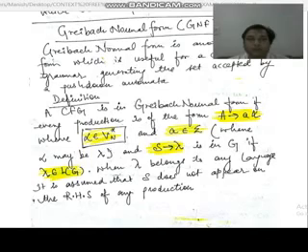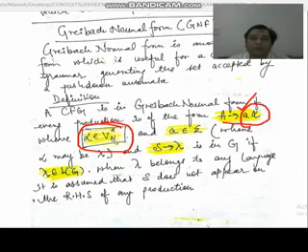So the definition of the Greibach normal form is that a context-free grammar is in Greibach normal form if every production is of the form capital A to a alpha, where a is a terminal and alpha belongs to the star closure of the variable set, that is Vn, and a is an input alphabet symbol.